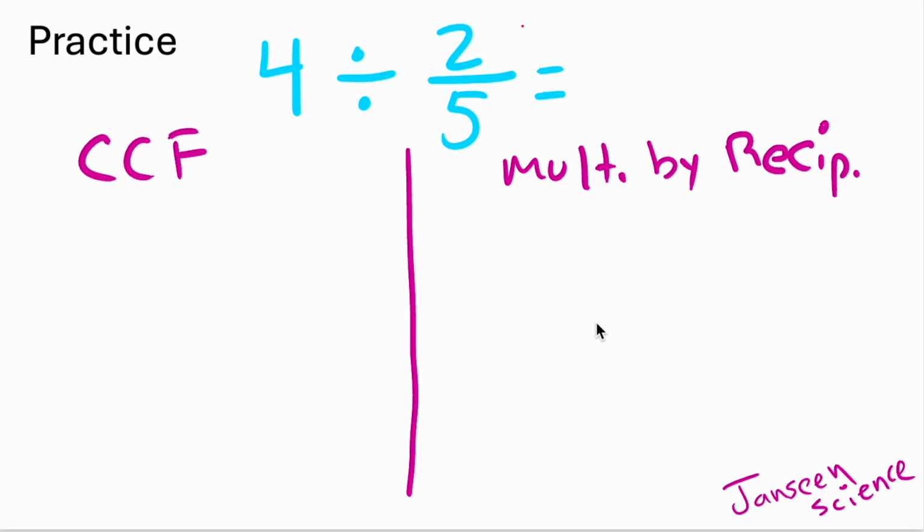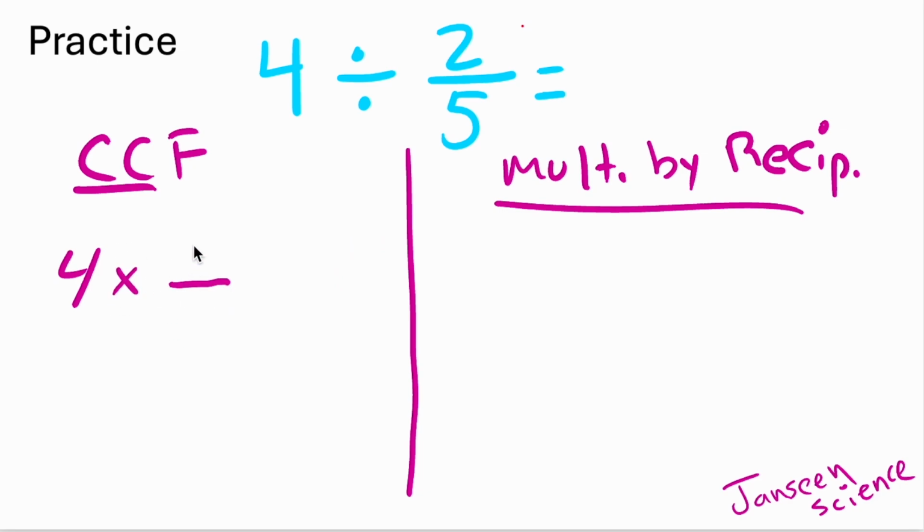I'm just going to say recip for short. All right. So we copy the 4. We're using the copy, change, flip method. So we copy the 4, then we change the division to multiplying, and then we flip. The 2 over 5 becomes 5 over 2.